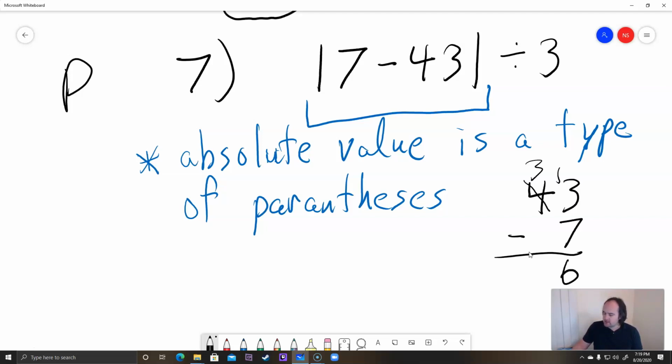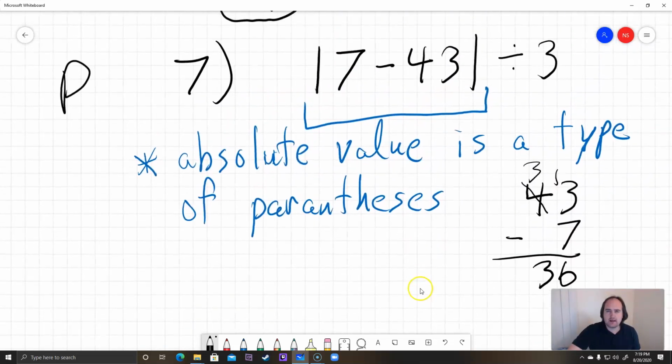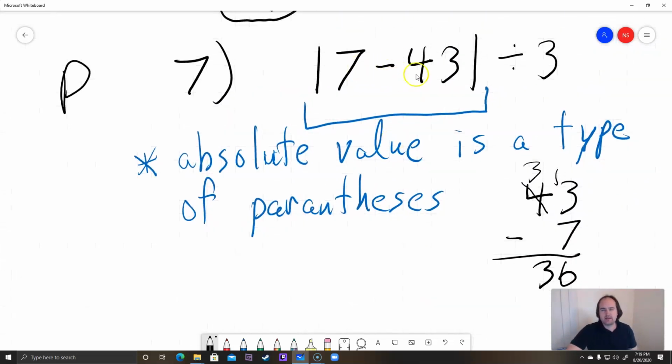Okay, so 13 minus 7 is 6, and then 3 minus 0 is 3. So we get 36. But keep in mind that the larger number was actually the 43, which is negative, and we have to keep the sign of the larger number. Okay, so we're actually going to have 7 minus 43 gives you negative 36. So that's going to be negative 36.